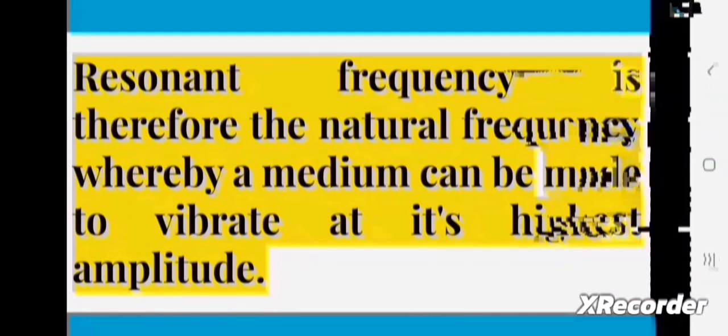Resonant frequency is therefore the natural frequency whereby a medium can be made to vibrate at its highest amplitude. Resonance is a phenomenon that occurs when the matching vibrations of another object increase the amplitude of an object's oscillation. So, before we look at how the phenomenon can be applied to cancer treatment, let's look at the following clip.